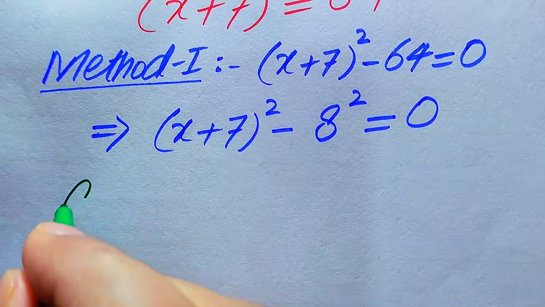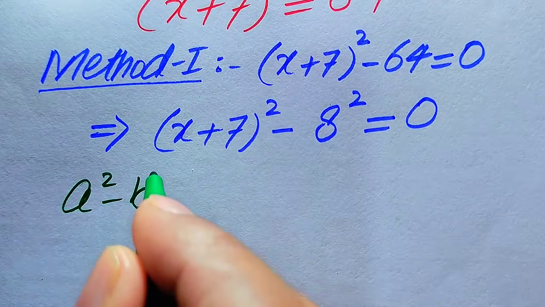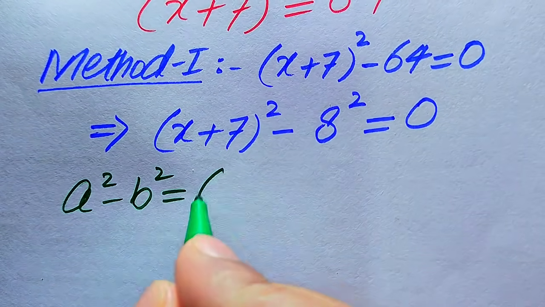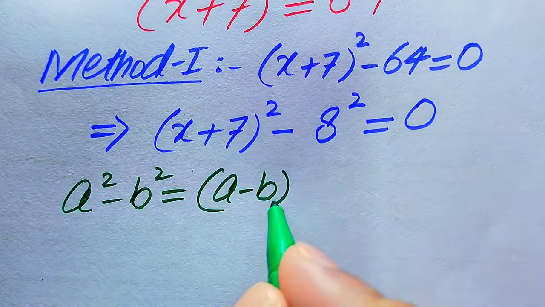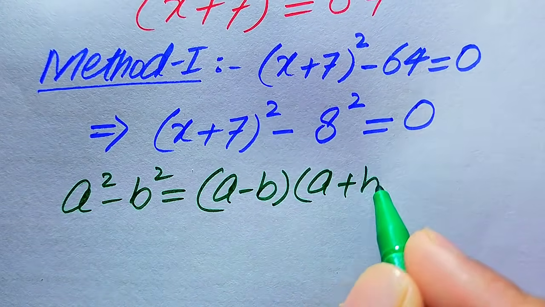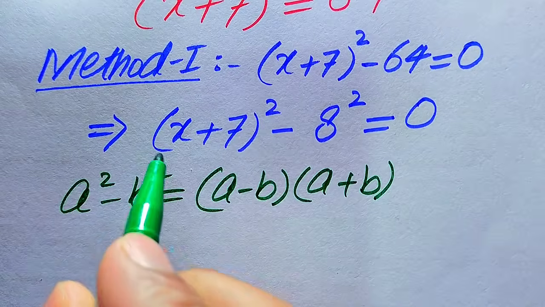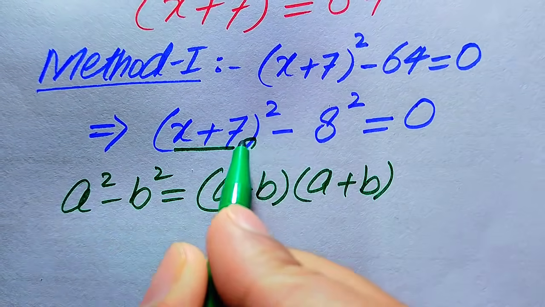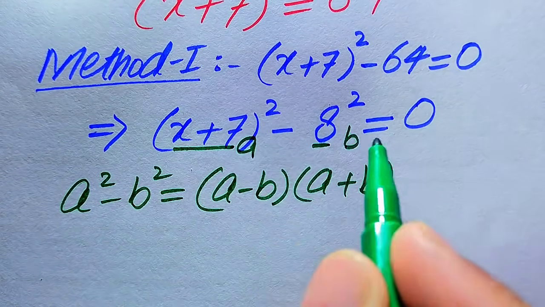You know that a² - b² = (a - b)(a + b). According to this formula, you see here the base of this term is our a and the base of this term is our b.